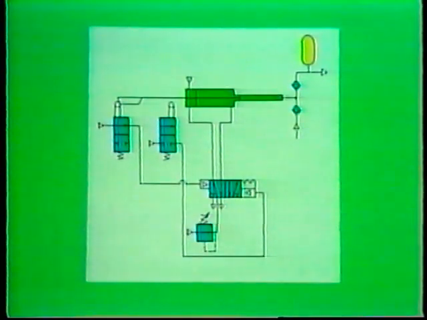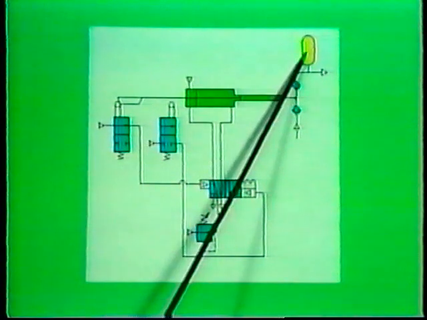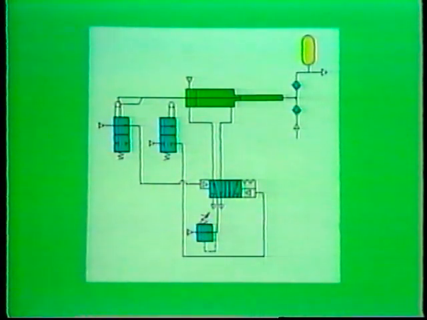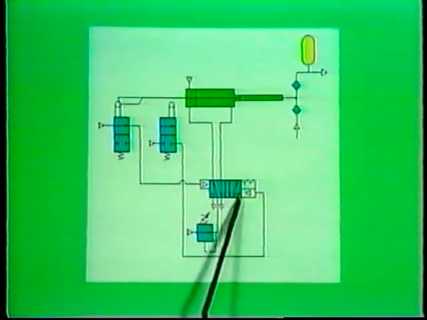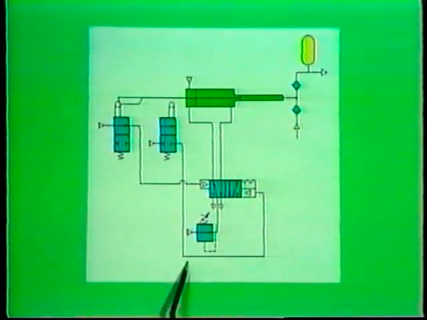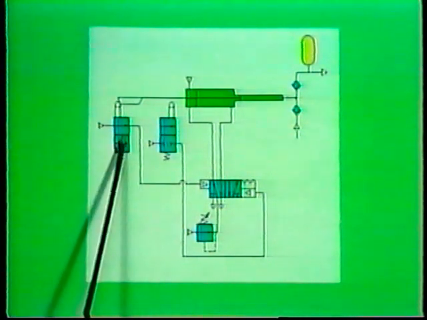Now let's look at a circuit that uses an air-to-air booster. This is what is called a demand circuit. That is, the booster functions only when it is necessary to bring the receiver pressure here up to the desired value. This 5-ported 4-way directional control valve is pilot-controlled by these 2-way cam-operated valves here and here.